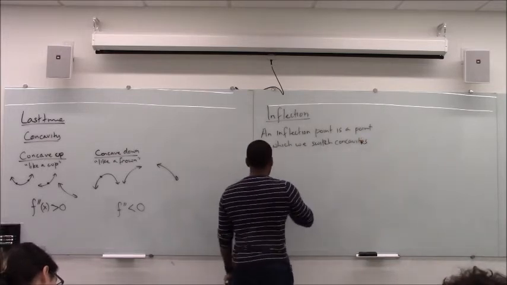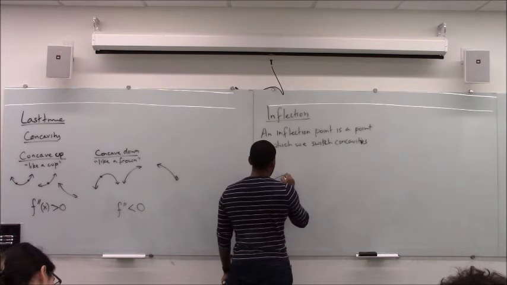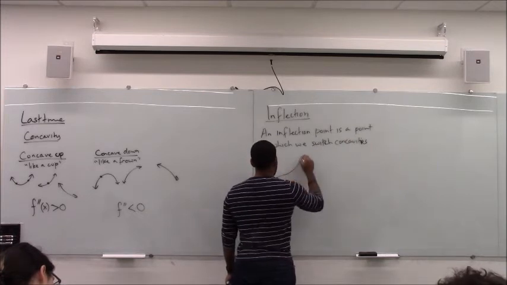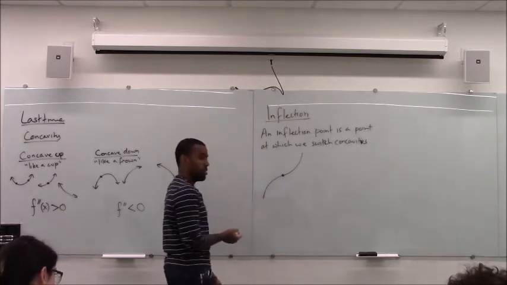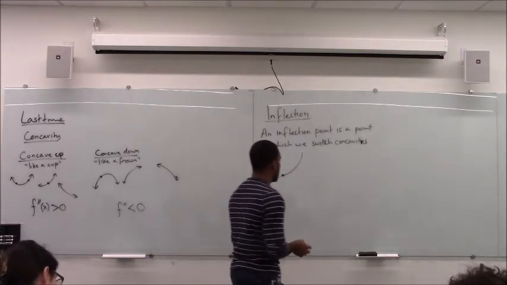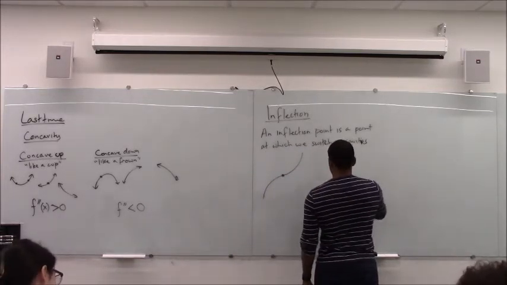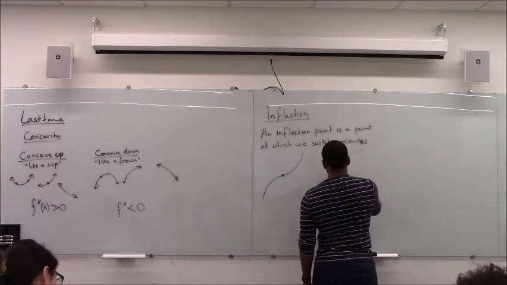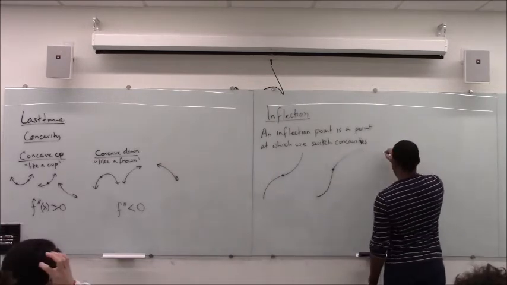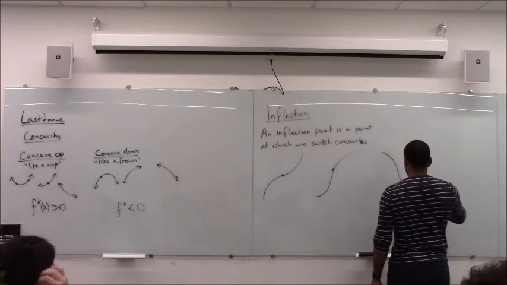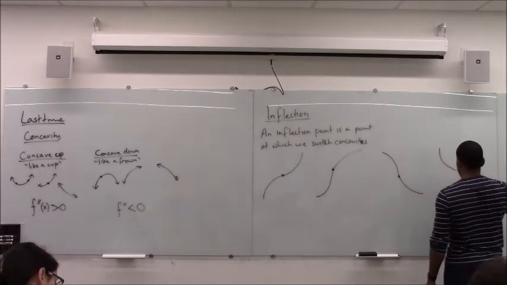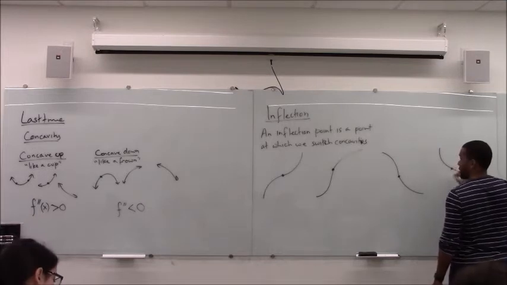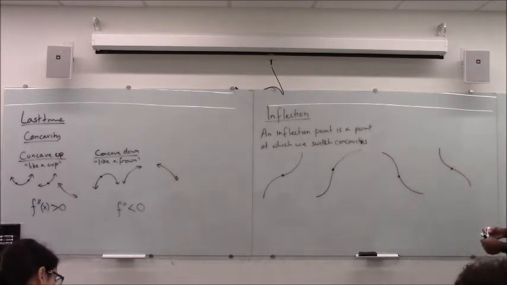So it would look like you were in one concavity and then you hit a point and you go into the other concavity. So this is an inflection point. Or this is an inflection point. This is an inflection point here. This is an inflection point here. So these points here are inflection points.